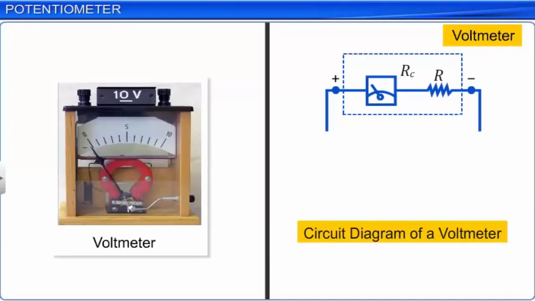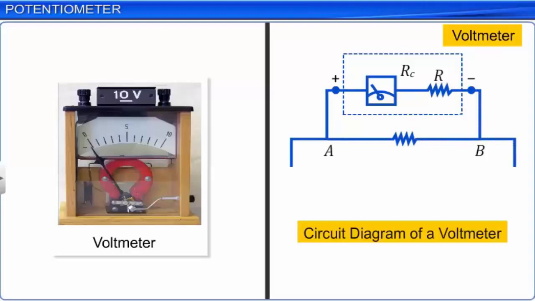When the voltmeter is connected across a resistor in a circuit, it draws a part of the current in the circuit, altering the overall potential difference that is to be measured across the given resistor. This alteration leads to an error in the measured value of the potential difference across the given resistor.